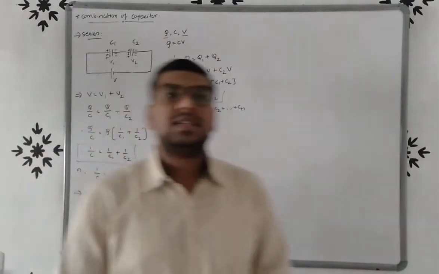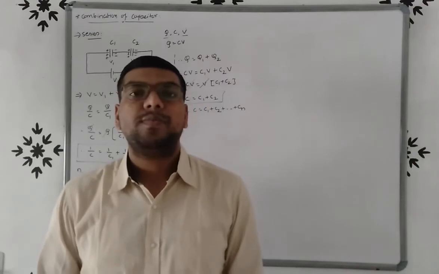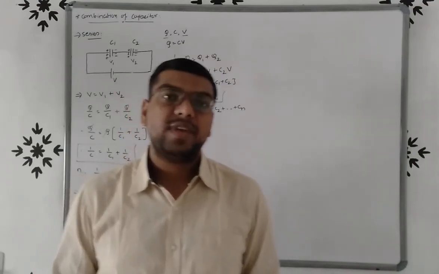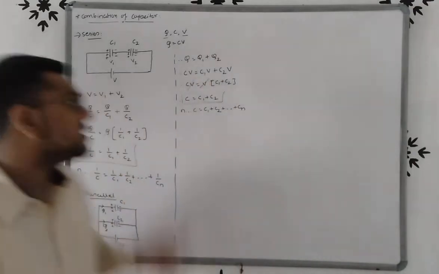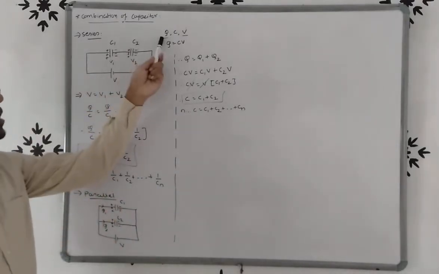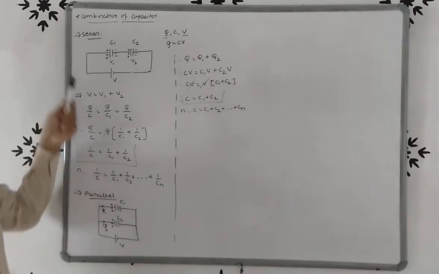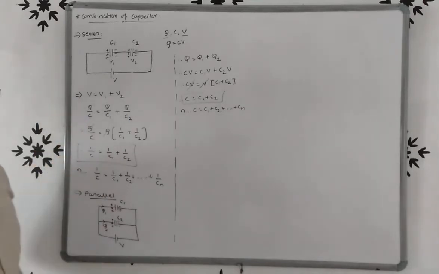So friends, this is about series and parallel combination of capacitors. Once again friends, for series combination Q will remain the same, potential will change. So for series combination V is equal to V1 plus V2.